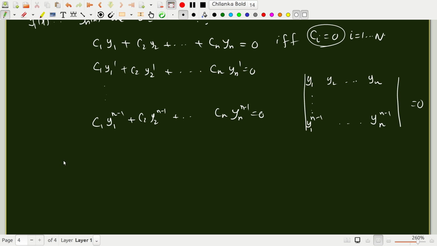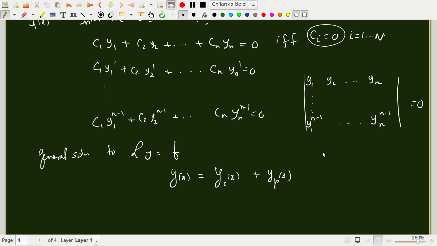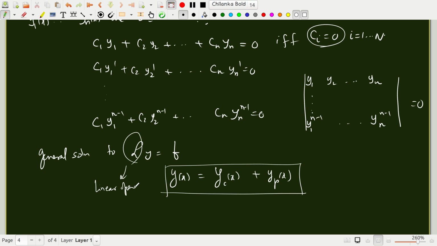So the general solution to Ly = f is a combination of the complementary solution plus a particular solution or particular integral. This is possible because L is a linear differential operator.